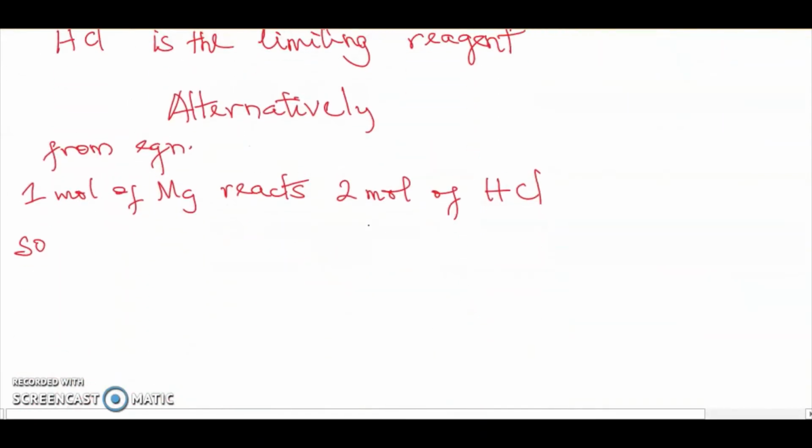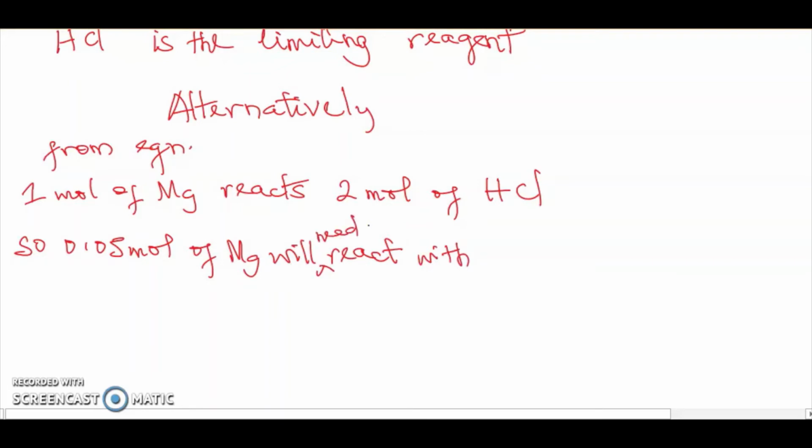So 0.05 mole of magnesium will need to react with, we multiply these two values, 0.05 by 2. So what do we have?